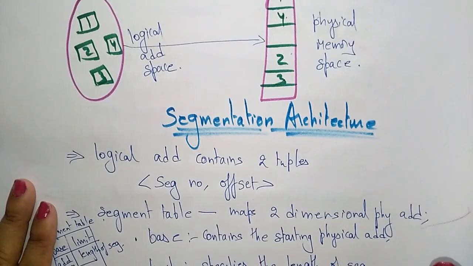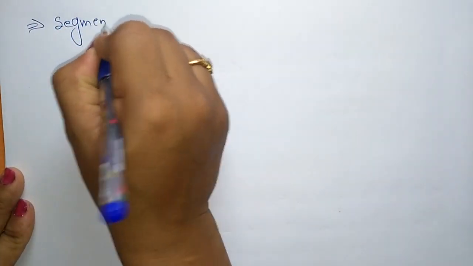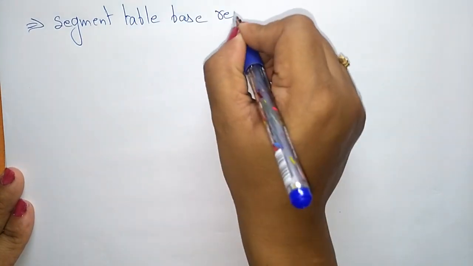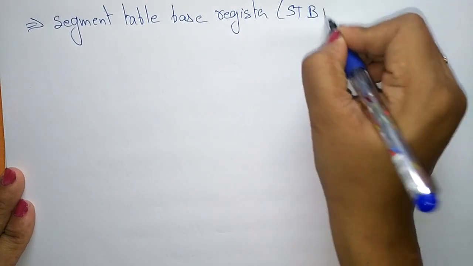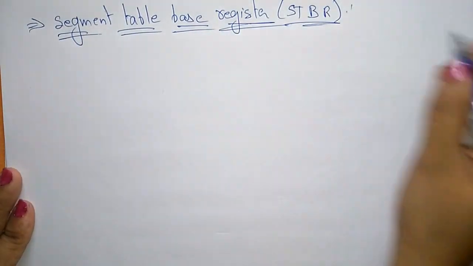Okay, now let us see the segment table base register. Here you have some terms in the architecture, that is the segment table base register, STBR. What does STBR mean? Segment table base register.